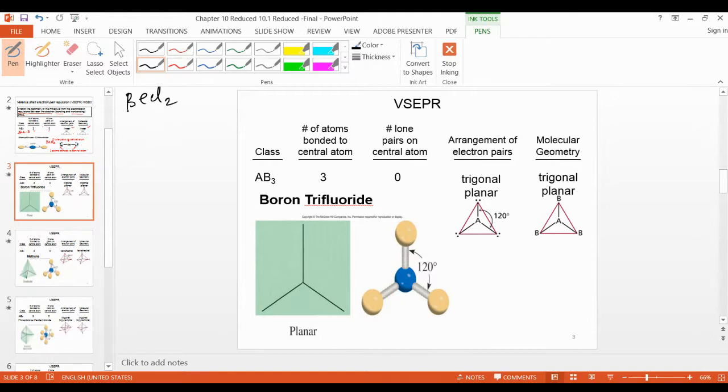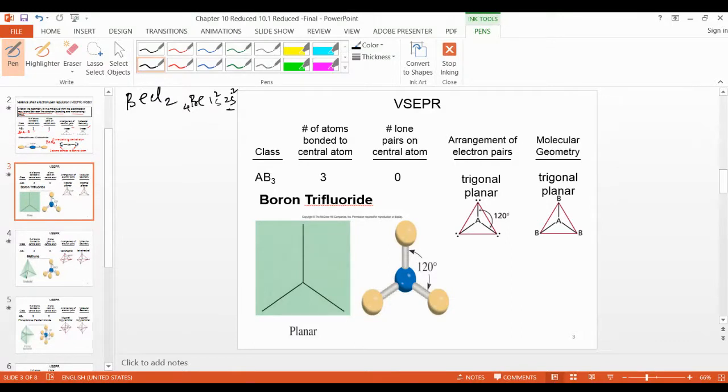So now beryllium. How many valence electrons does beryllium have? 1s2, 2s2, right? Atomic number 4. So this is the second group, right? That's why it is 2s2.